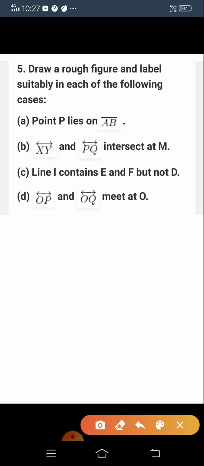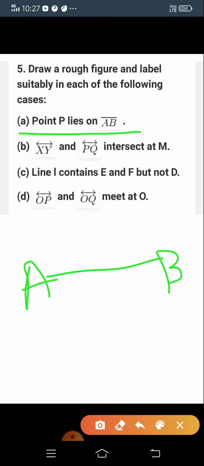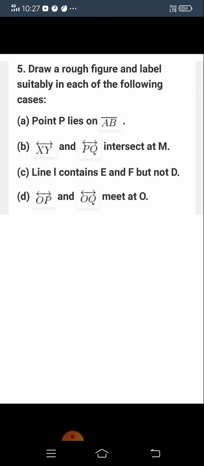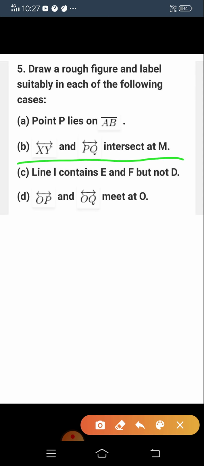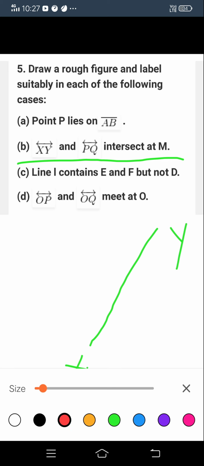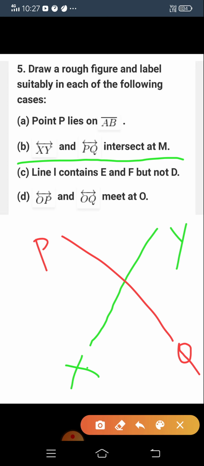Okay, so AB is a line and point P lies here. This is the diagram of the first question. Second question: XY and PQ intersect at M. As you know about the intersecting point, XY is a line, that is X and Y, and PQ is a line.